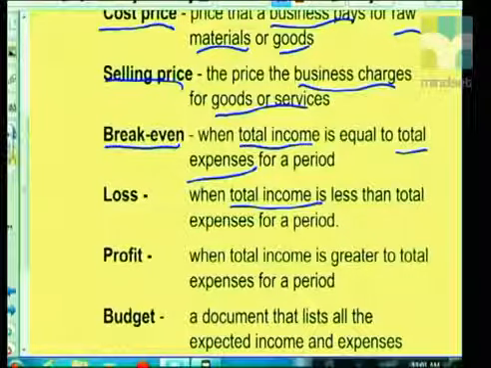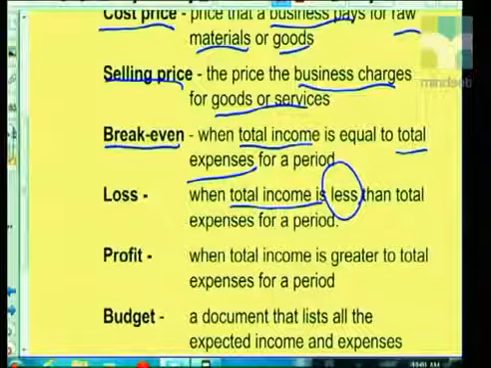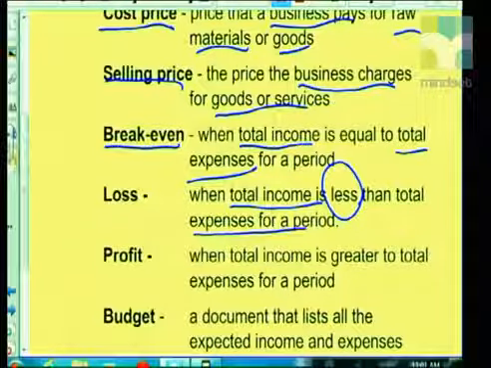That's my break-even point. Now, obviously, what we don't want to happen, and this often happens for small businesses and sometimes for larger businesses, even countries have this situation, is when the total income is less than the total expenditure for a period of time. That's a very dangerous situation because we are investing, we are buying, and we're not selling enough.